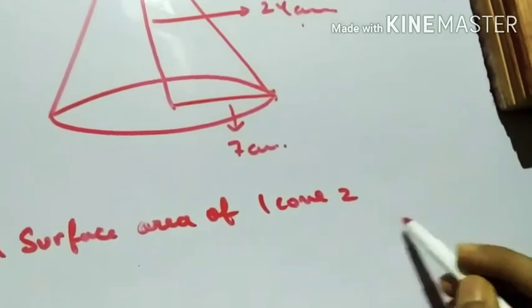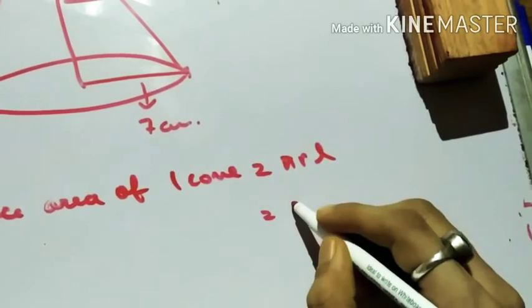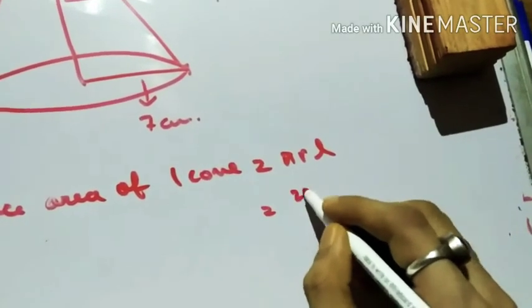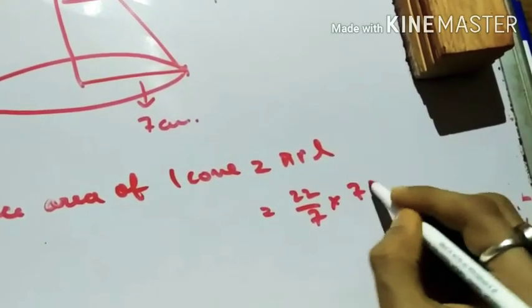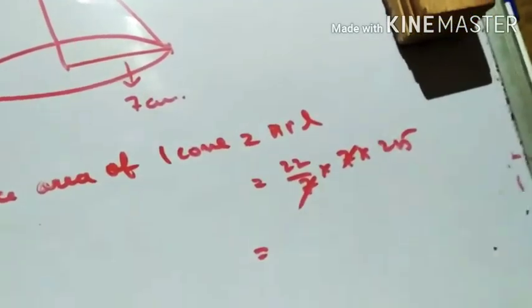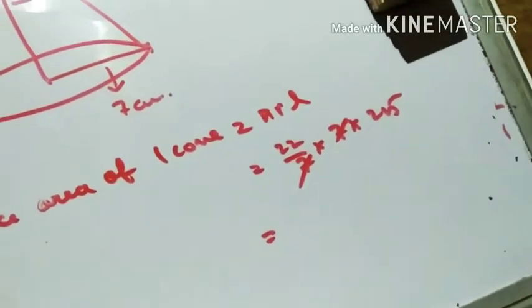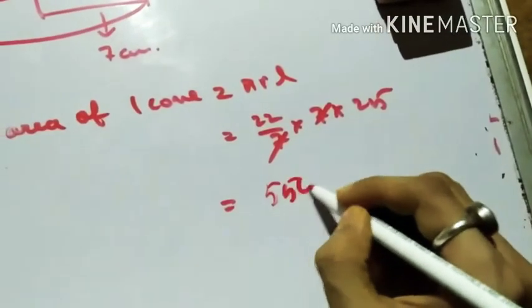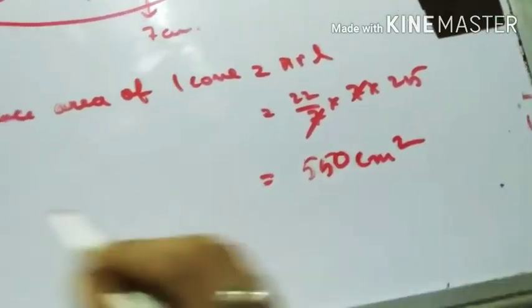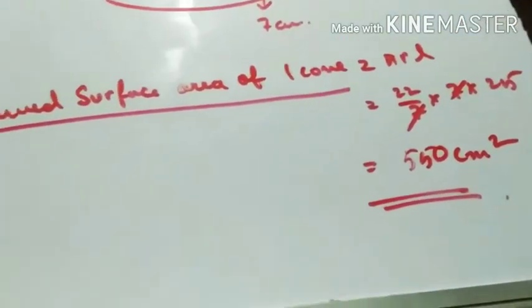It will be equals to pi r l, which is equals to 22 by 7 into 7 into 25. 7 gone. 25 into 22, I will get 550. Okay, 550 centimeter square. This is the curved surface area of one cone.